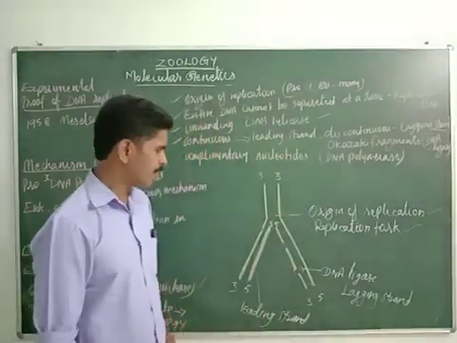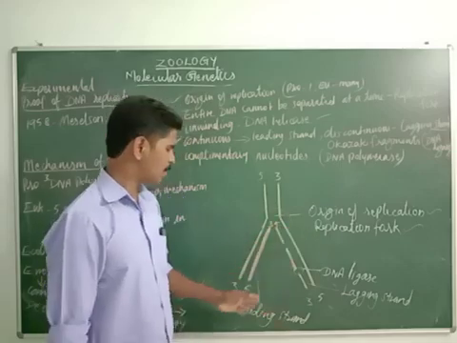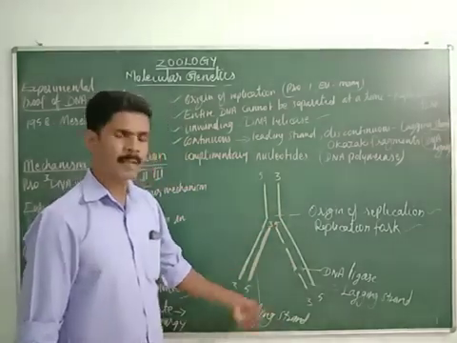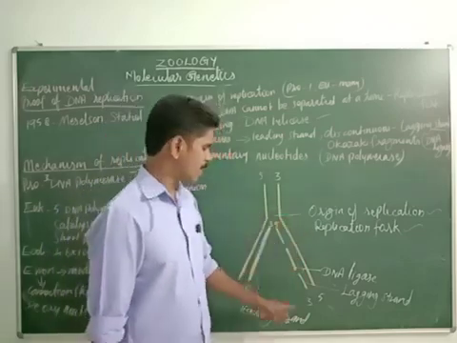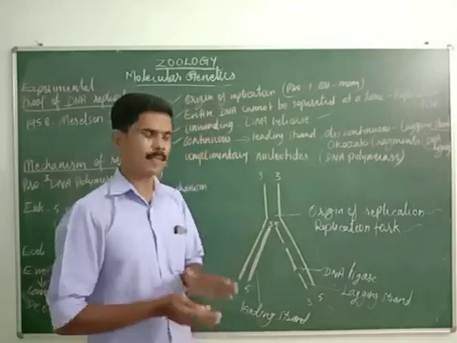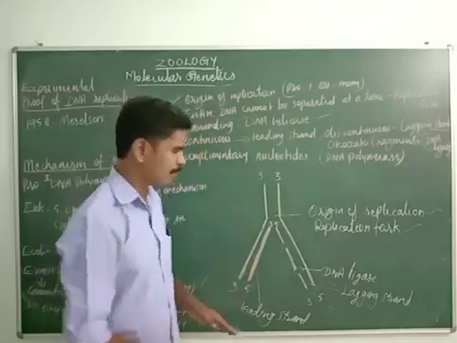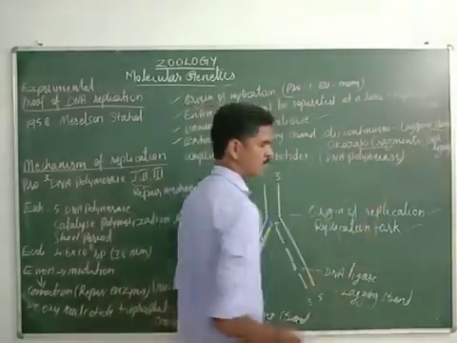Listen very carefully. The replication process takes place continuously in one strand, called the leading strand. In the opposite strand, the replication process is discontinuous, so that strand is called the lagging strand. The fragments, or pieces, present in this lagging strand are called Okazaki fragments.